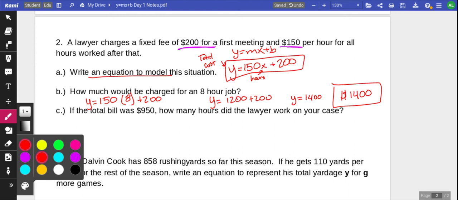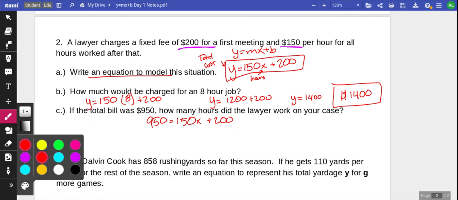And then it's saying if my total bill was $950, how many hours did the lawyer work on your case? So this is your total. Think about your original equation. It's not saying he's working for 950 hours, so you're not going to plug it in for X. You're plugging it in for total cost. So 950 equals 150x plus 200.